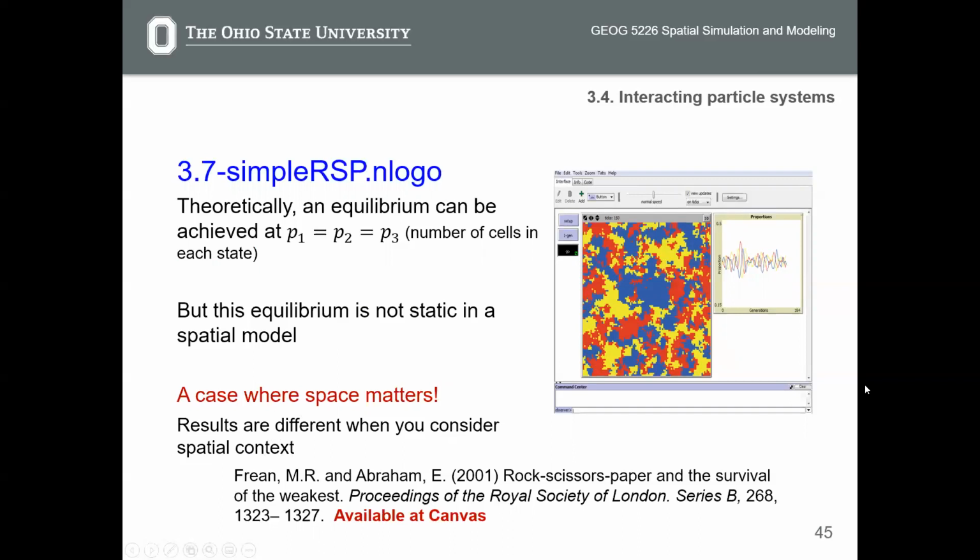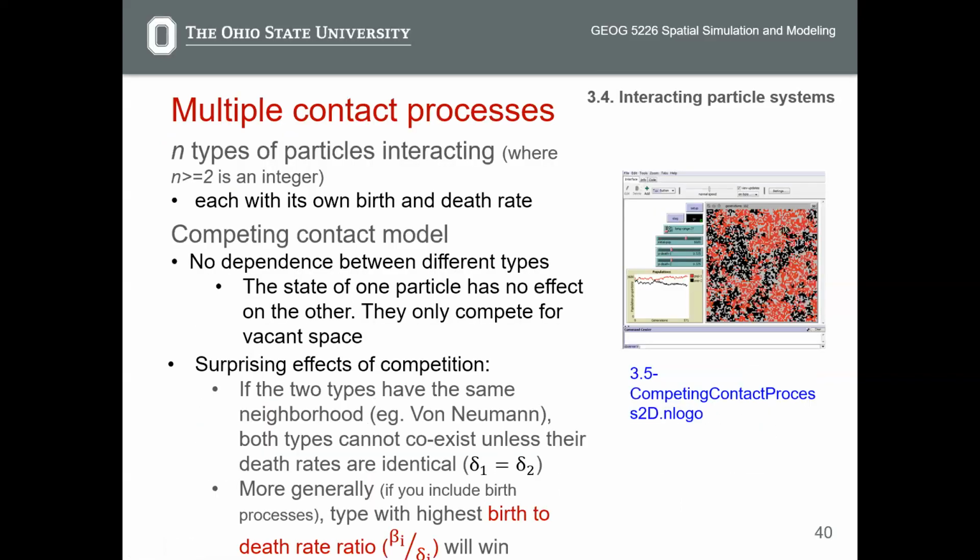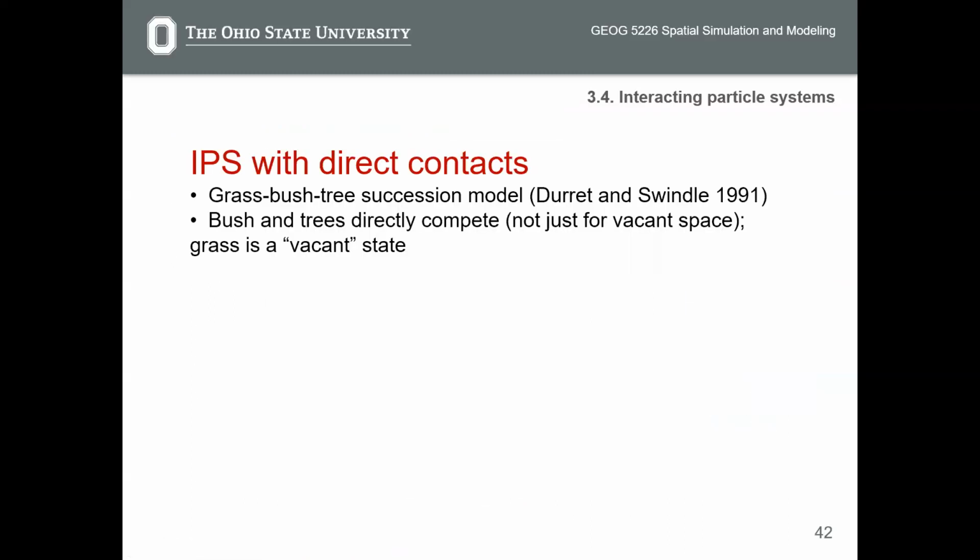So in this video, I introduced three other types of IPS. The first one, multiple contact processes, means that there is more than one particle, but no matter how many there are, they compete only for vacancy. And IPS with direct contacts means that these N particles do not only compete for vacancies, they compete with each other.